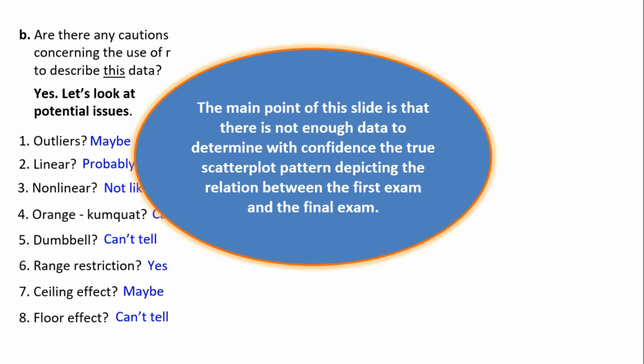We have 9 students, and that's just not enough for us to spread those data points out across the scatter plot to get the range of values in the exam that we administered, or both exams, to have a realistic indication of what's going on there. And so you're having to go back to the drawing board on this one. Trying to determine what's going on with only 9 or 10 data points is pretty difficult.